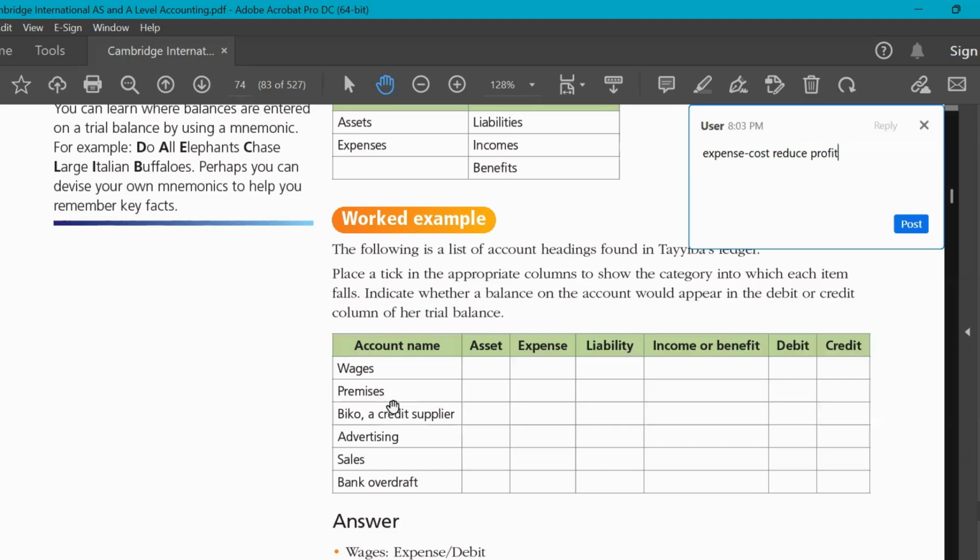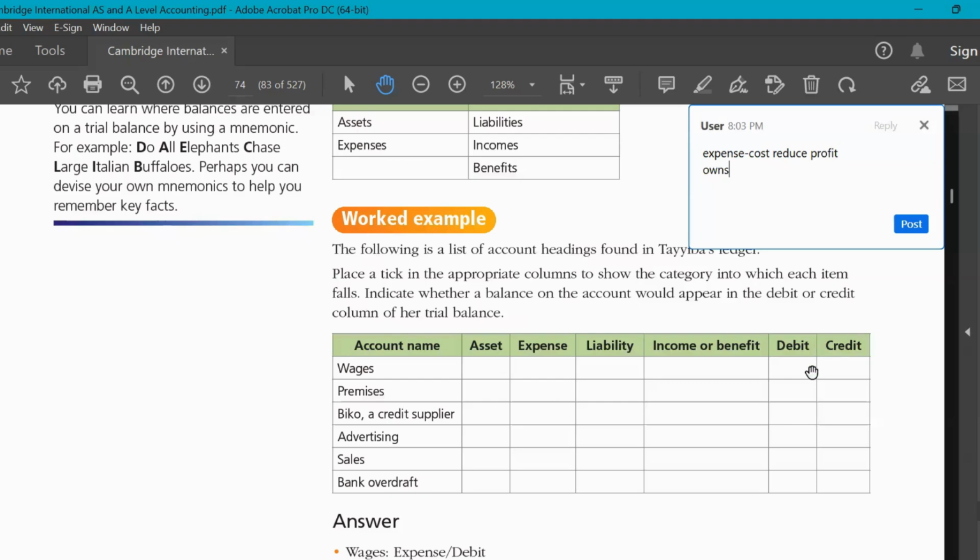Okay, next is the premises. Premises are something that the business owns. So definitely you have the clue. Business owns, meaning you own it, it's definitely an asset. Assets are the resources with future value, like the premises, and they increase on the debit side.